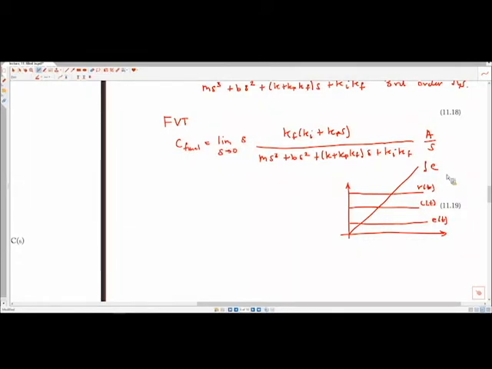So that's the more common case where your actual output never gets to the desired output and you continue to integrate this error. Now you have a ton of energy stored in that term, and when you finally move the reference signal back to where it actually can move, that is going to cause really bad negative effects.